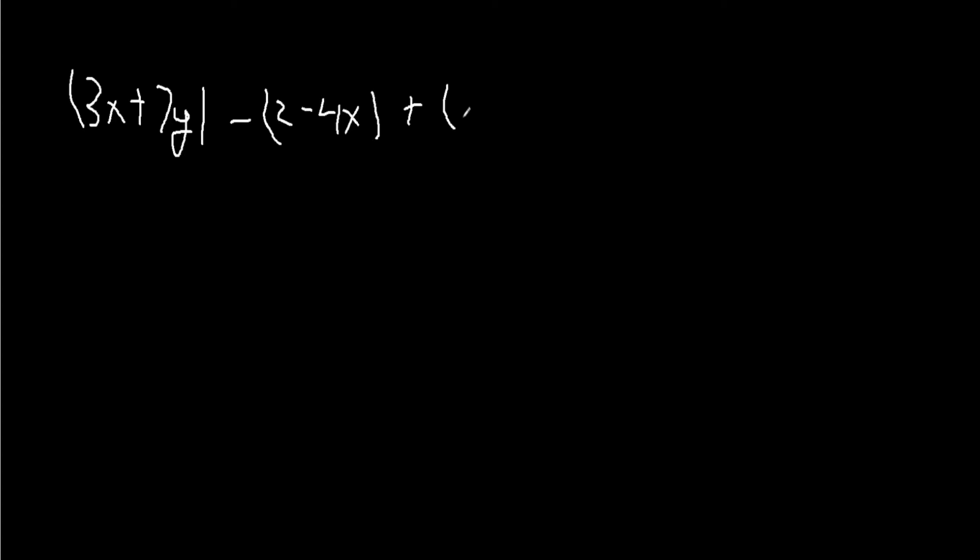So now we will be looking at some more examples, and these examples will have more than one bracket. In our first example, we have (3x plus 7y) minus (2 plus negative 4x), and we'll add this to (3y minus 7).